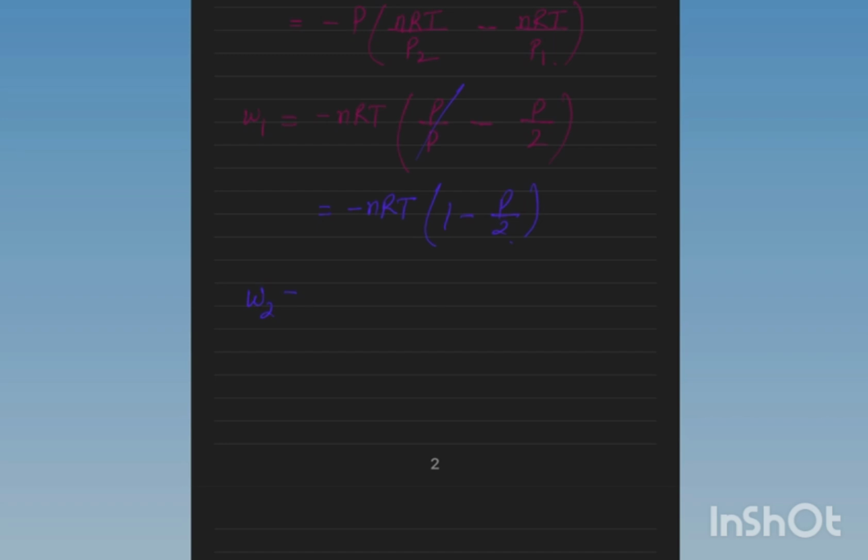Similarly, we can calculate W2. This will be our first equation, and W2 will be equal to the same, minus P external delta V, because it is also a reversible process.